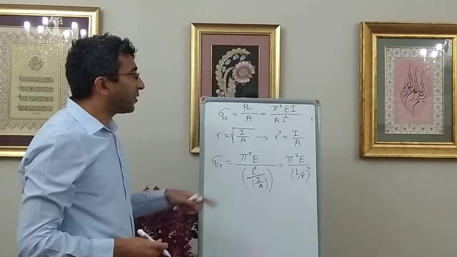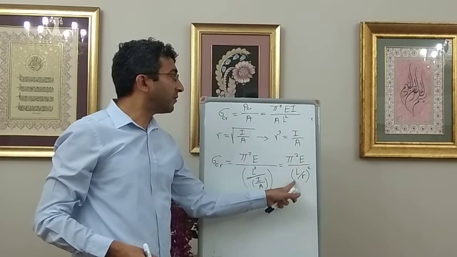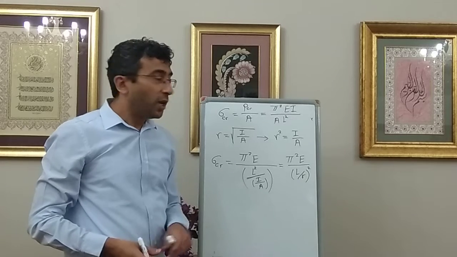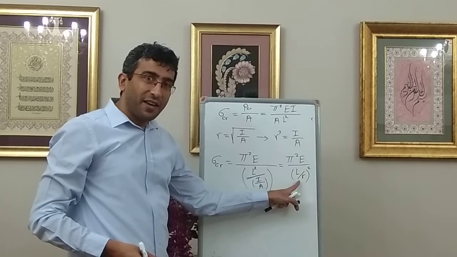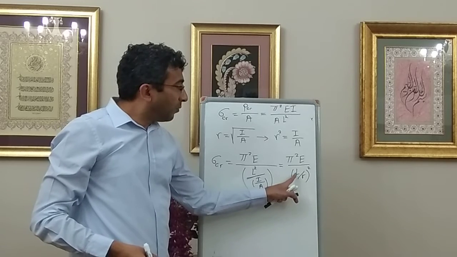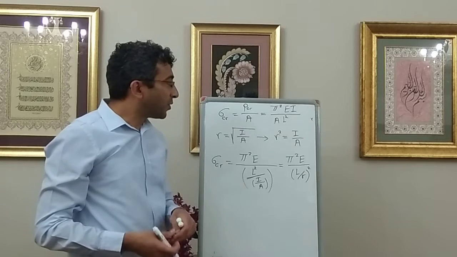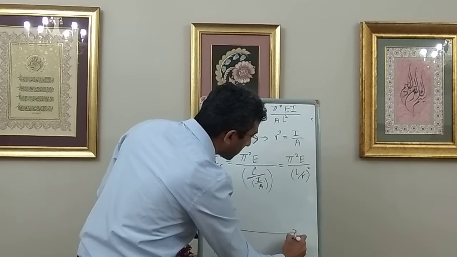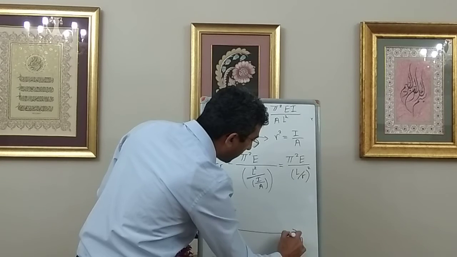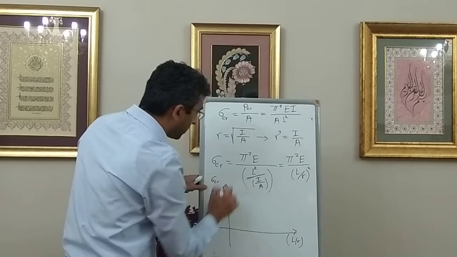So the critical stress is equal to pi squared modulus of elasticity divided by L over R, squared. We call this, the length of the member divided by the radius of gyration, the slenderness ratio. If you draw this equation, this is the slenderness ratio L over R, and this is the critical buckling stress.